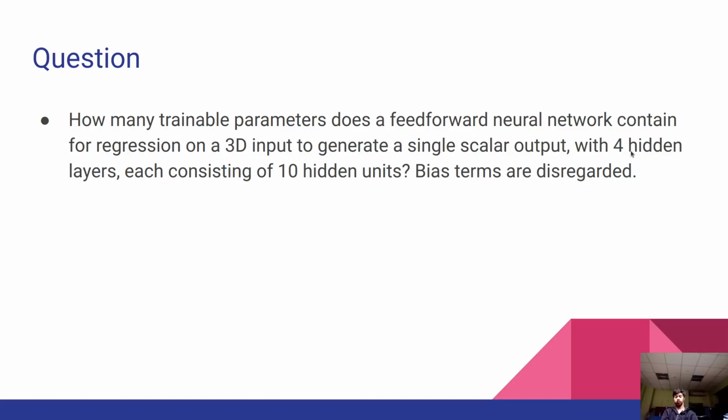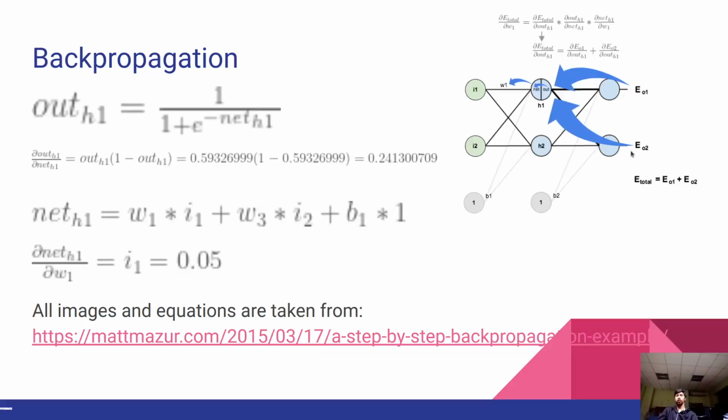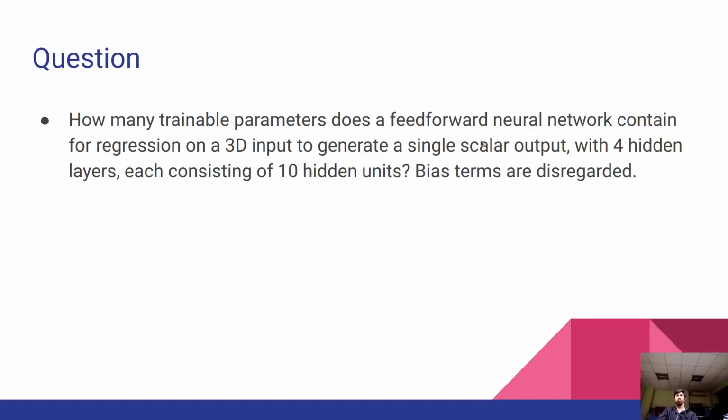Sir, what does it mean, regression on 3D inputs? 3D means you have 3 inputs. In this case, you have 2 inputs, but in this question we are saying that you have 3 inputs. Okay, sir.